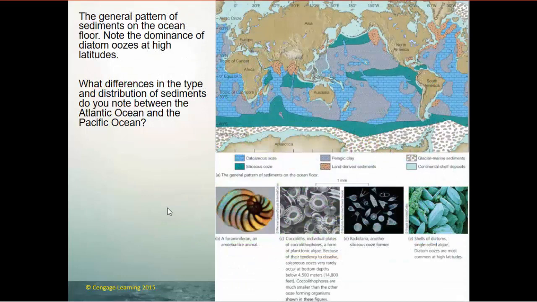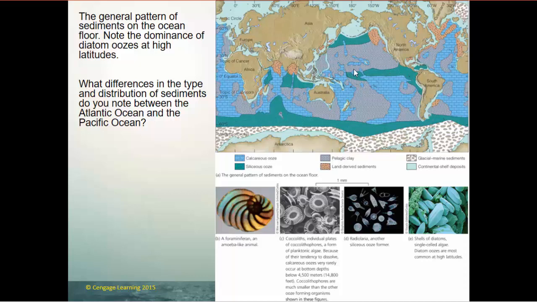So the general pattern of sediment on the ocean floor: you can see the dominance of oozes at high latitudes, and basically different pelagic environments support different types of biogenous sediment, and you get different types of sediments on the seafloor. And of course, those areas that I pointed out as well, these are land-derived sediments. You're going to see that mainly where you have big rivers flowing out into the oceans, and you can get a lot of land-derived sediment.